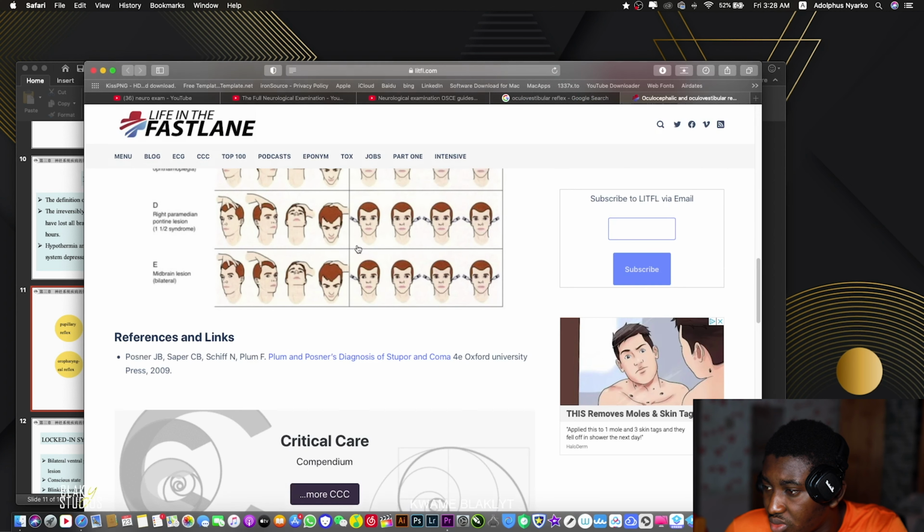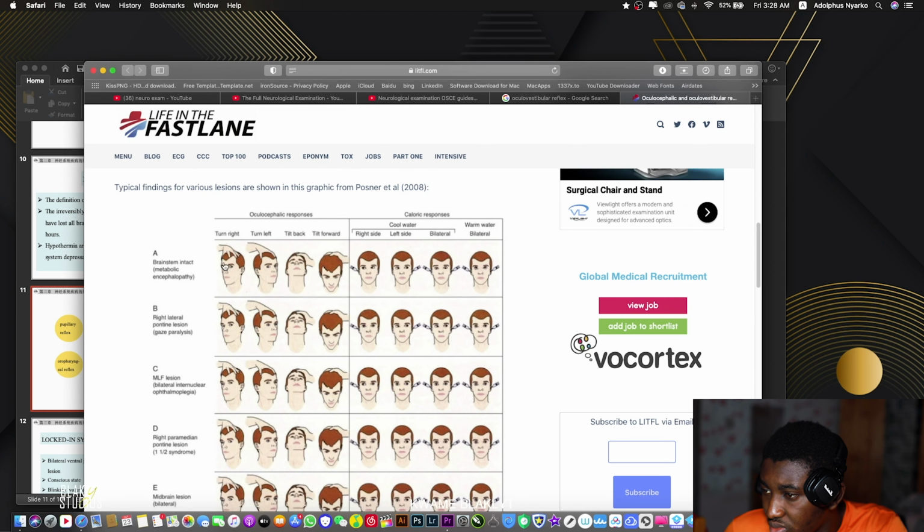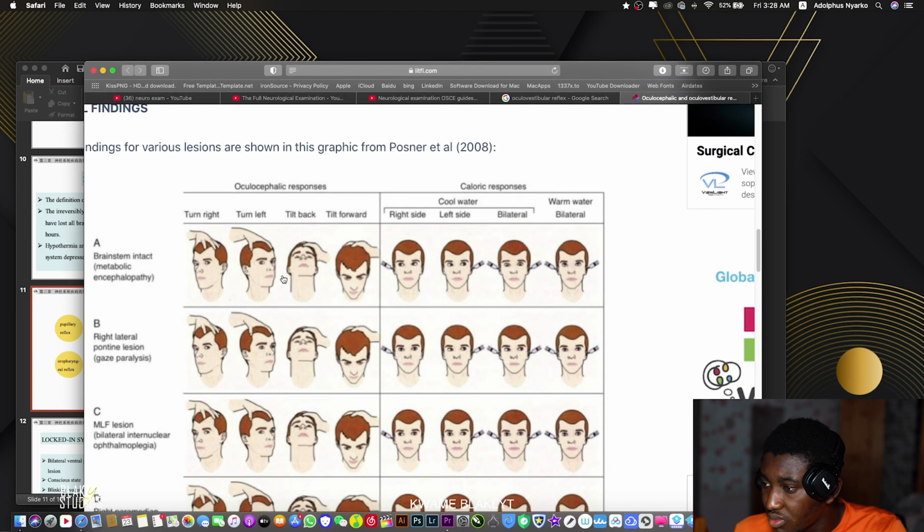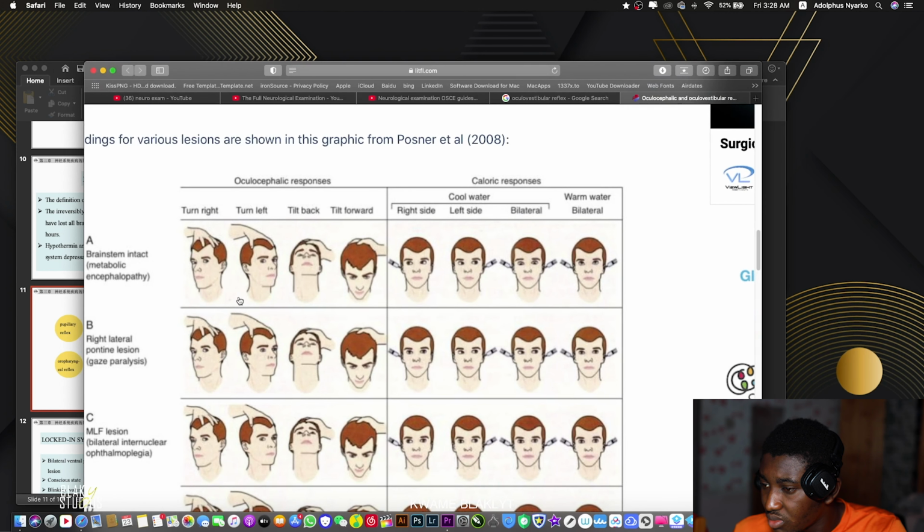Okay, so when you turn the person's head right, their eyes should look left. When you turn the head left, the eyes should look right. When you tilt the head back, the eyes should look down, and when you tilt the head forward, the eyes should look up, right? And then when you put cool water in the right side, the eyes should look right.